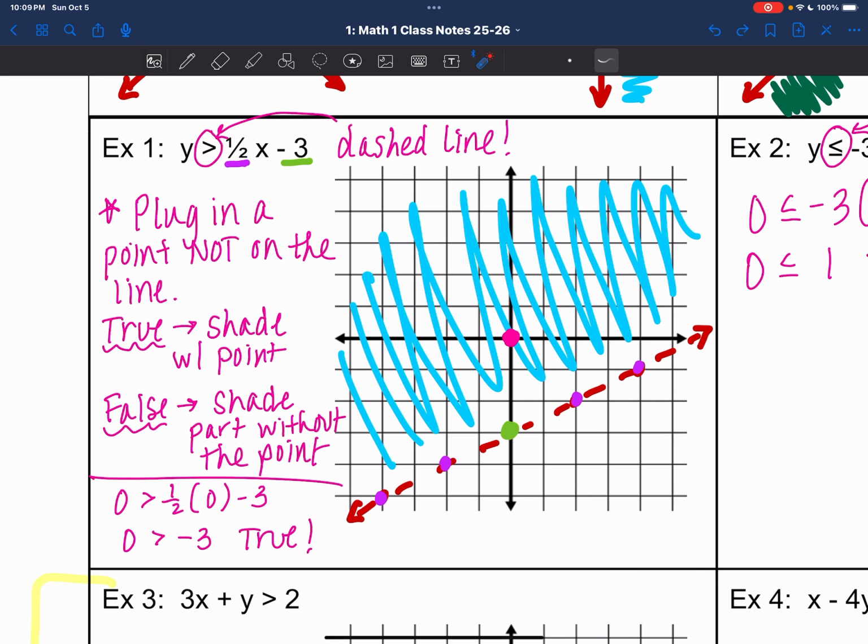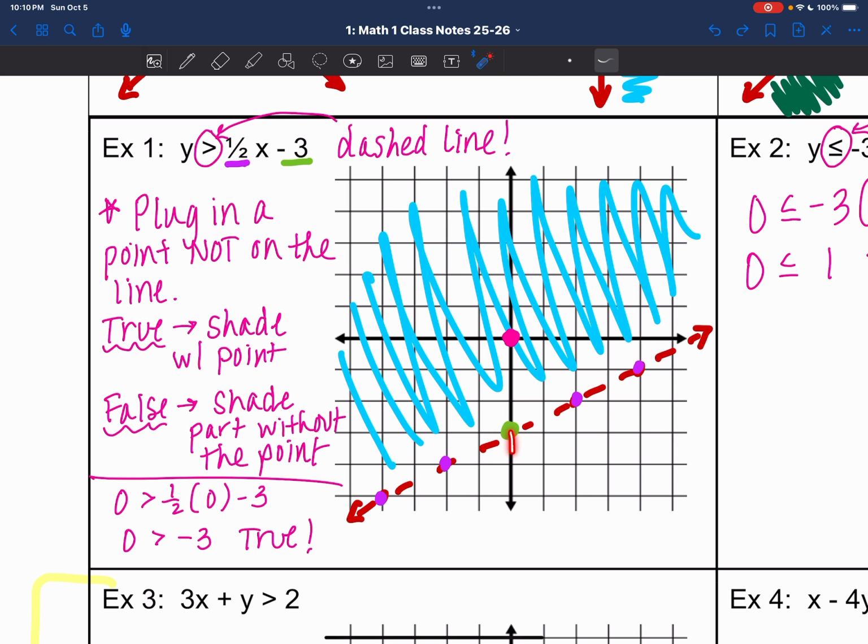So first off, let's look at our equation. Y is greater than 1/2 x minus 3. What I'm going to do first is look at my equation and pretend like this is an equal sign, but it's not. So I'm going to start at -3 and go up 1 over 2, up 1 over 2, up 1 over 2.